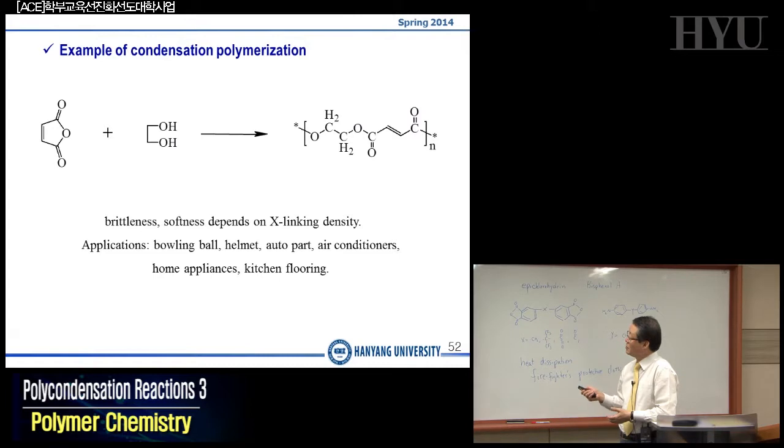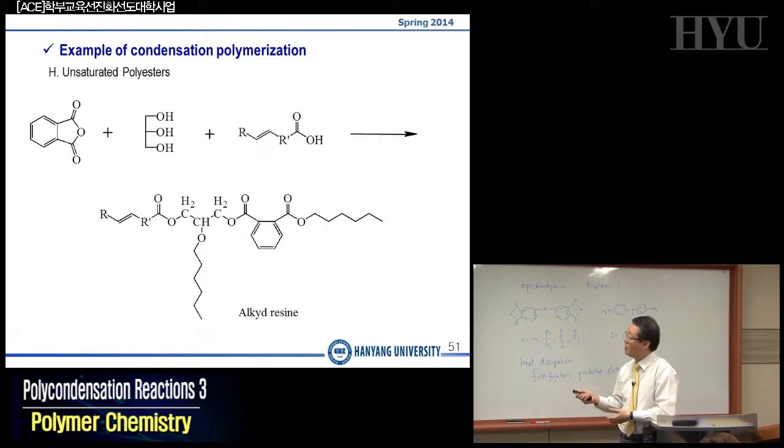Although this looks like a linear polymer, if you have a double bond here, it could be further cross-linked. And this is what we call the unsaturated polyester. Polyester is not only a linear polymer, but you can make a network polymer by using multifunctional monomer or by using an unsaturated group containing monomer.